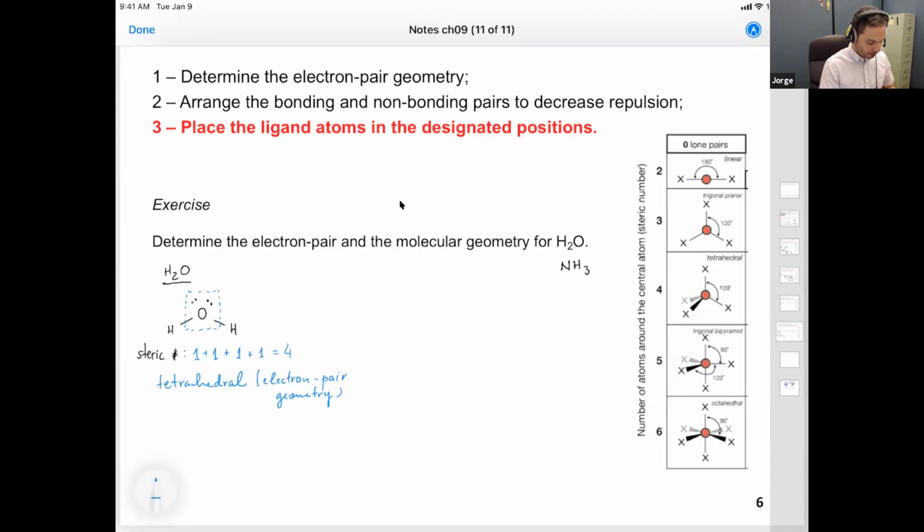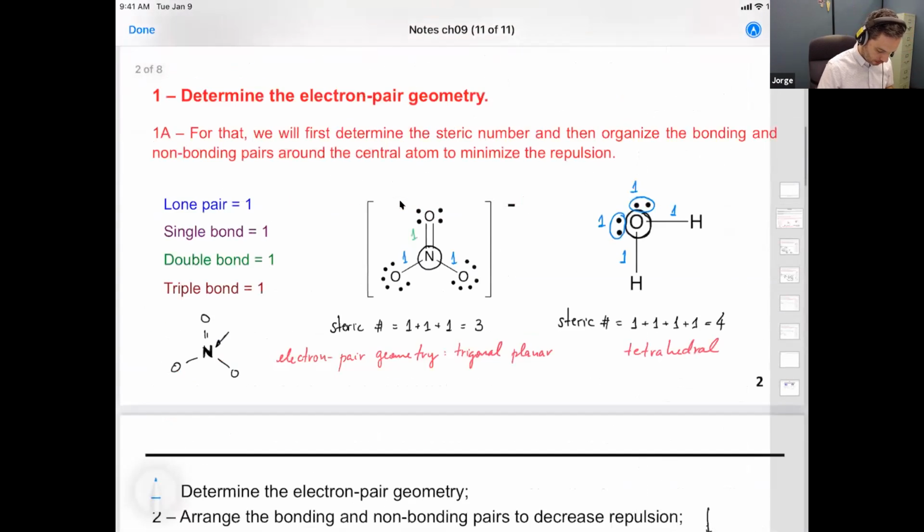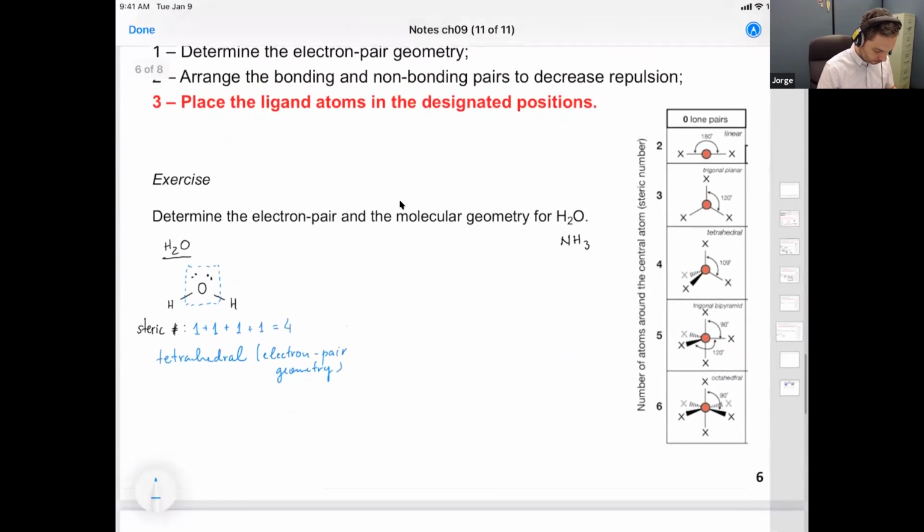From the electron pair geometry, we are going to figure out the molecular geometry. I have the table here. Okay, so that's the electron pair geometry. So we have here a tetrahedral geometry.